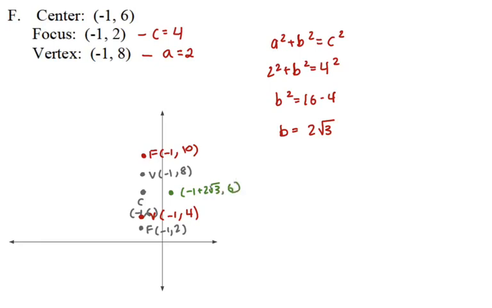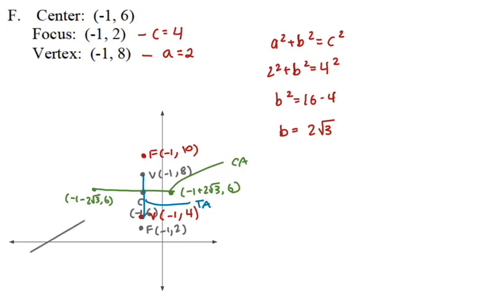Gets us this point, and this point over here is -1 minus 2 root 3, 6. That is the conjugate axis. The transverse axis connects the vertices and the center.